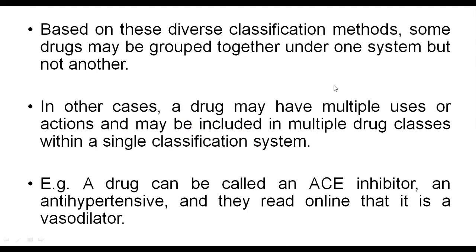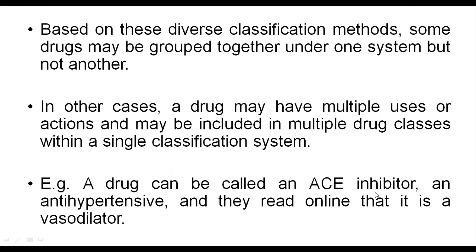So based on these diverse classification methods, some drugs may be grouped together under one system, but not another. In other cases, you may find that a drug may have multiple uses or actions and may be included in multiple drug classes within a single classification system. For example, a drug can be called an ACE inhibitor.